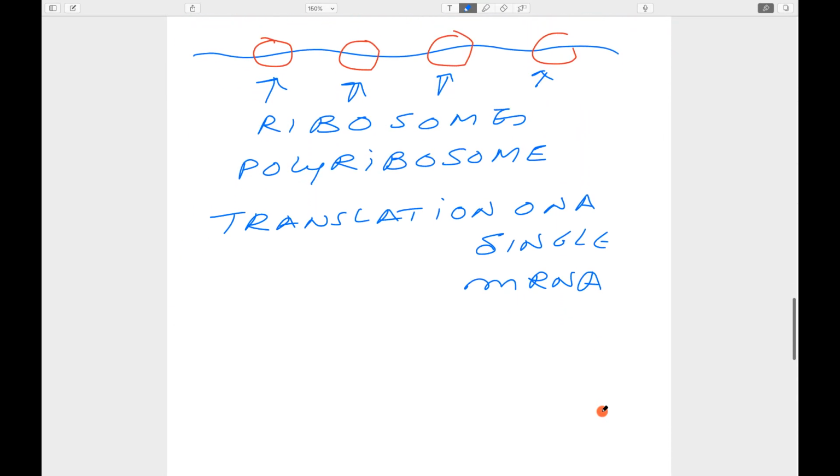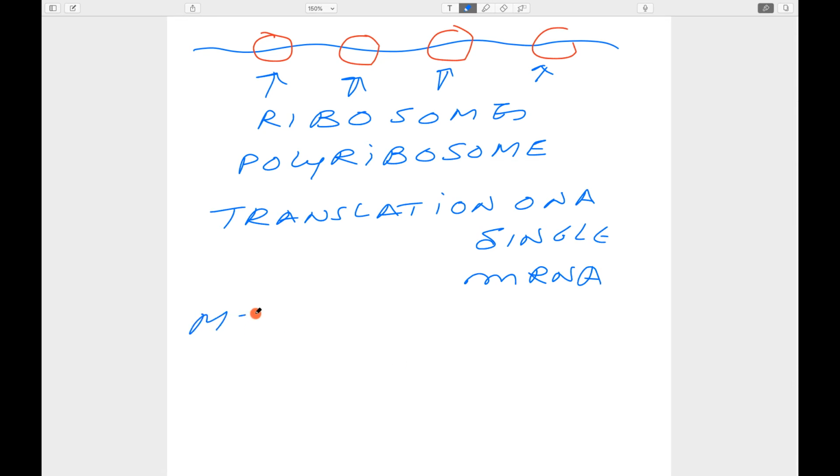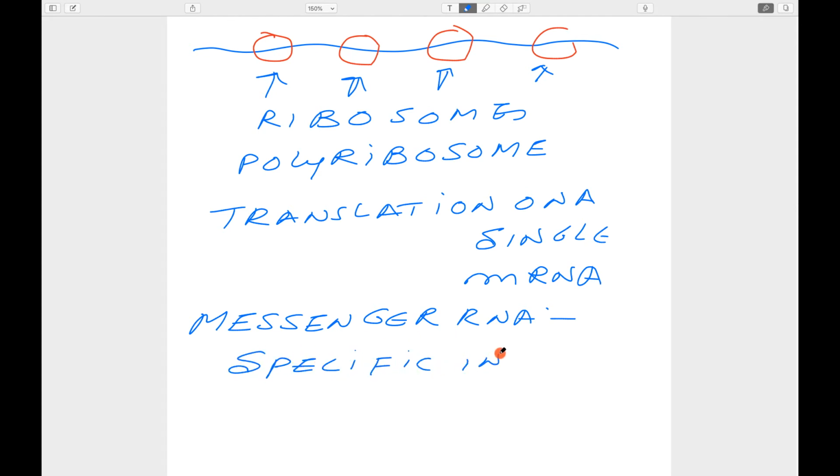The next one which we have is the messenger RNA. The RNA which carries information from the DNA. That means the specific information is present. What does it mean? The specific information required for the synthesis of a given protein.